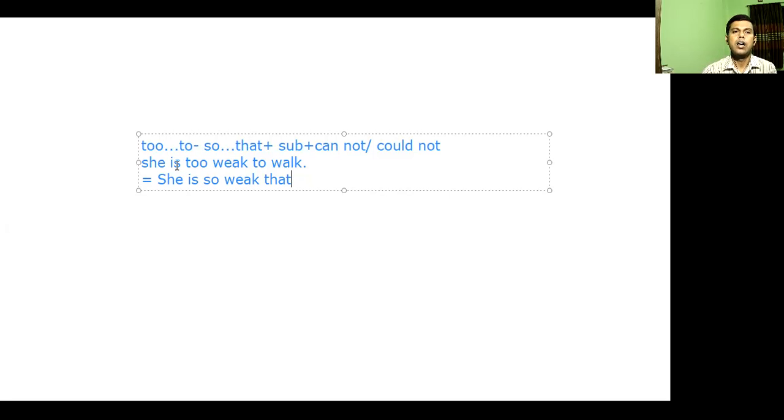So this is an example of the present tense. What is the subject in this sentence? She. Then we use "she," then cannot or could not.